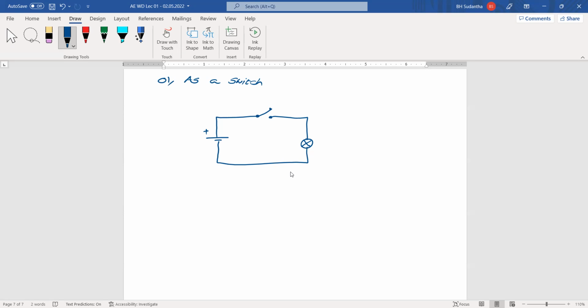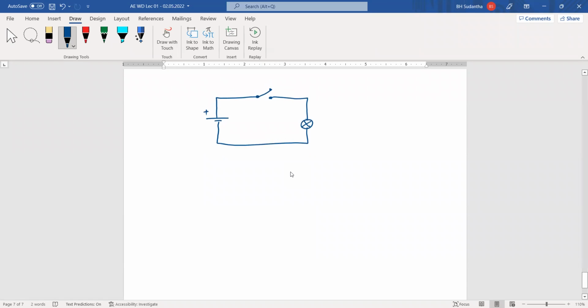And when you open the switch, there is no current, the path is disconnected, current is not going, the voltage is not applied to the bulb, then it cannot turn on. But the same thing we can do by adding a diode here.